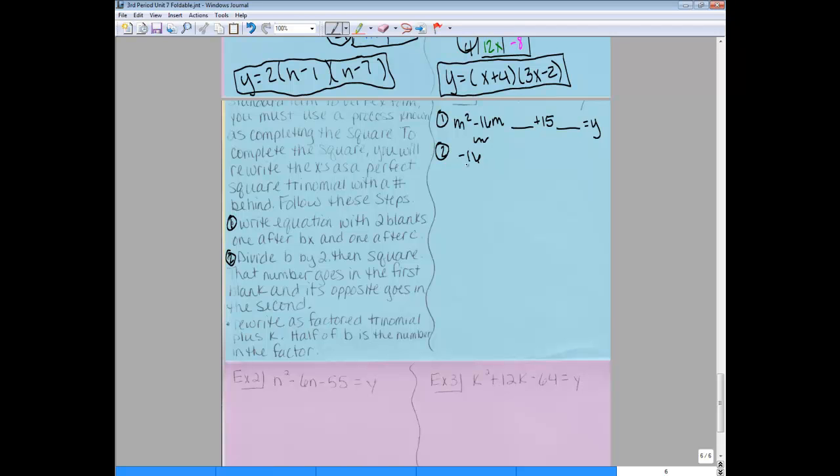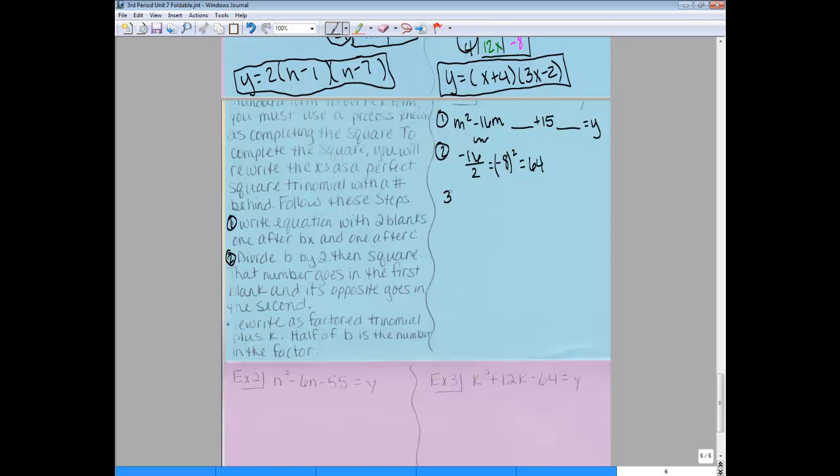And we're going to divide that by 2, which is negative 8. And now that we have negative 8, we're going to square it. Negative 8 squared is 64. I'm sorry.